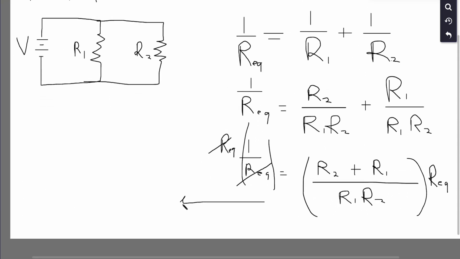Let's move the equation this side. So this will be 1 overall. This will look like 1 equal to R1 plus R2 divided by R1 times R2.